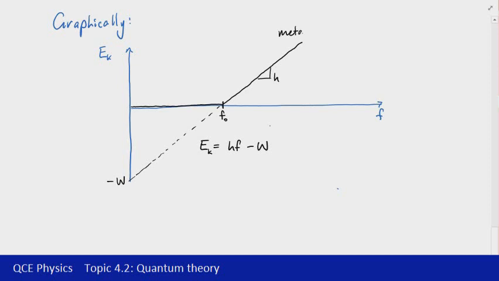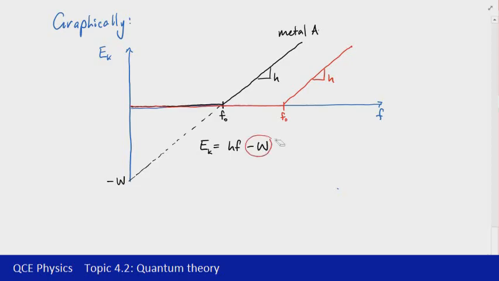Now, if we had a different metal, that means that the threshold frequency would be different. So that means that the graph looks a little bit different in that the zero energy will extend to a greater frequency, but we still have the same gradient for that trend line. So the gradient there is still going to be h. The difference comes down to the work function in that last term.